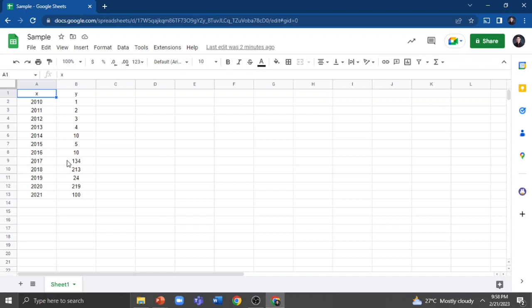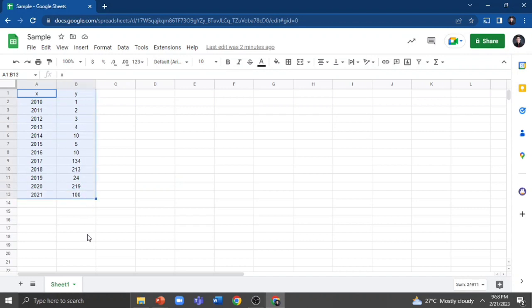Basically this X is representing the time period per year, because again the given is year. And your Y, which is the dependent variable, all of these numbers that I'm highlighting, is basically, in this hypothetical data, the number of cases of a certain thing. Okay? So what you need to do is to simply highlight the thing that you have noted.